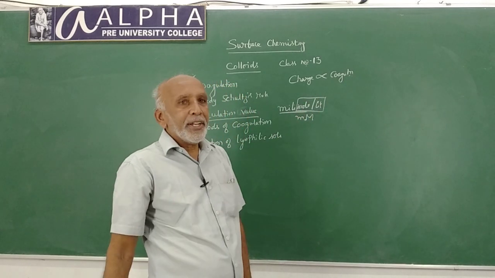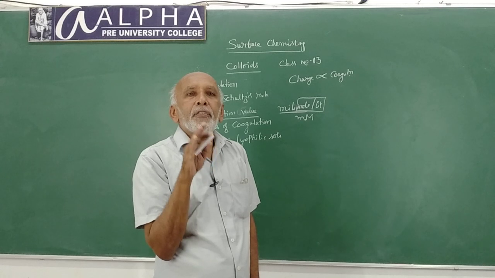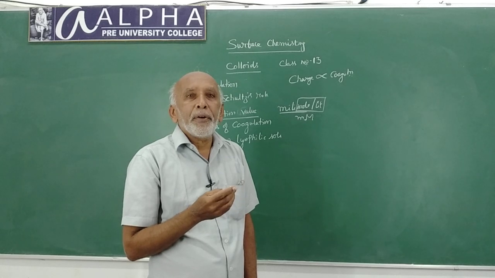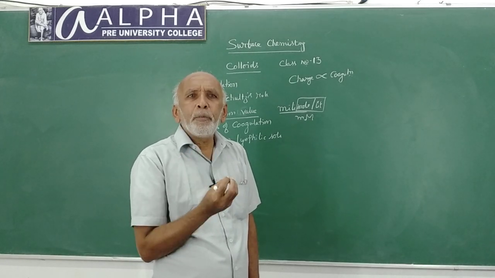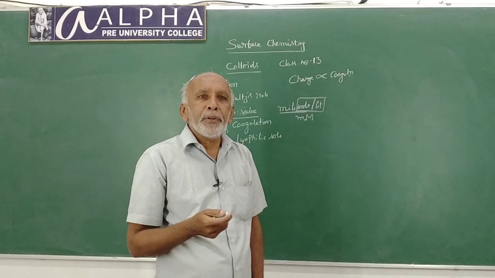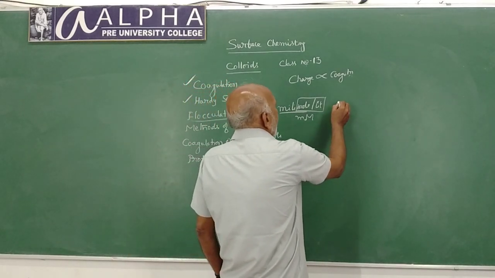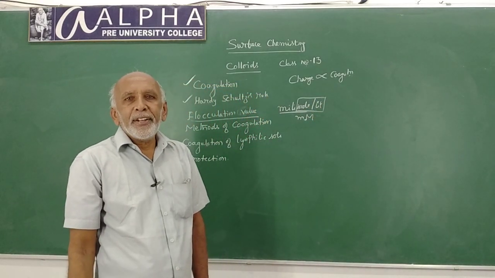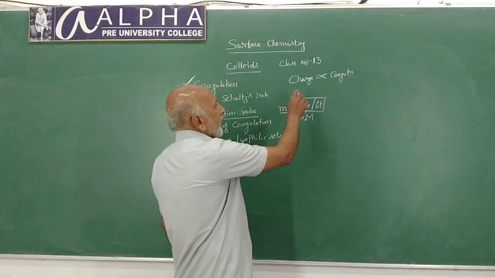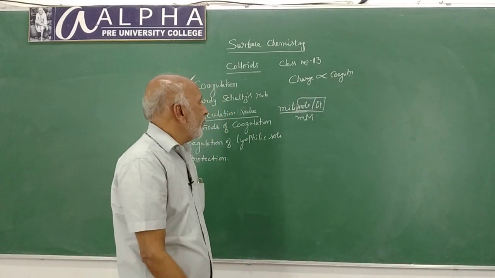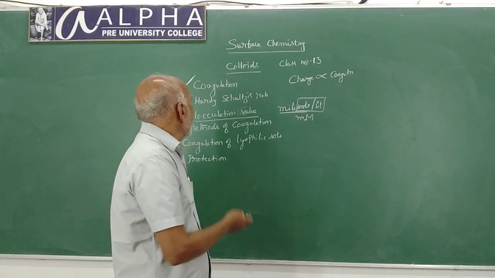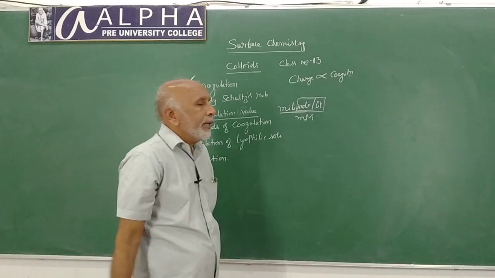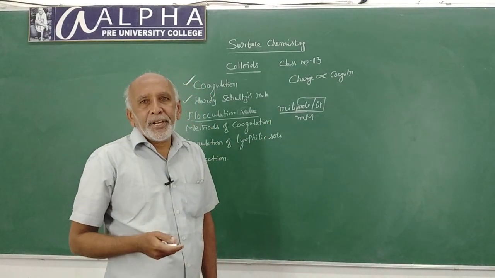Here in flocculation value, lower the flocculation value of an electrolyte, higher will be its coagulating power, because it requires less amount to cause the coagulation of a given amount of sol. So these two are related like that. Hardy-Schulze rule depends on charge. Here coagulation depends upon the concentration.